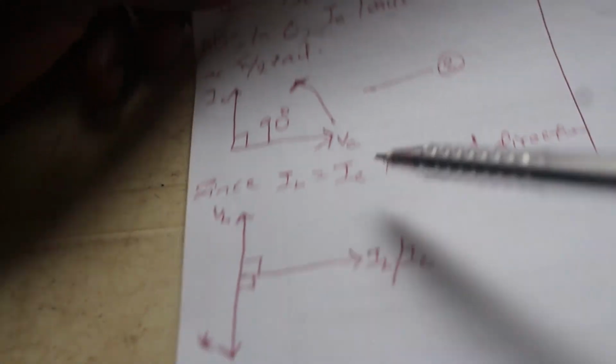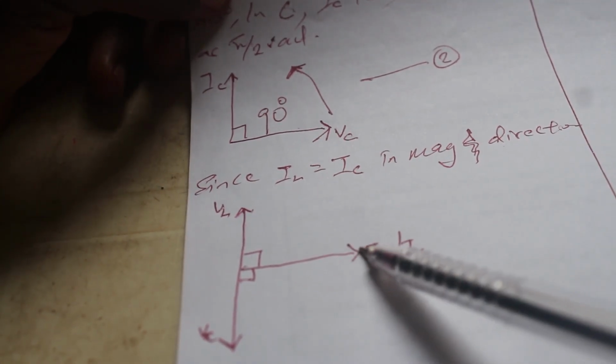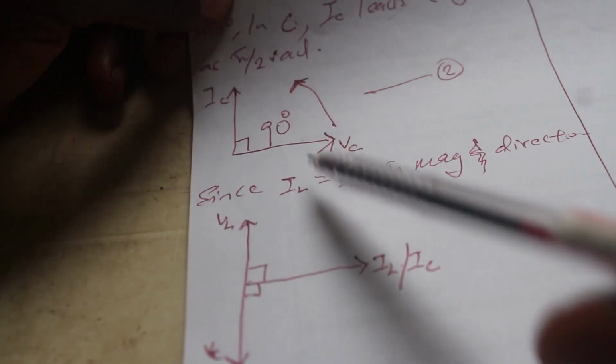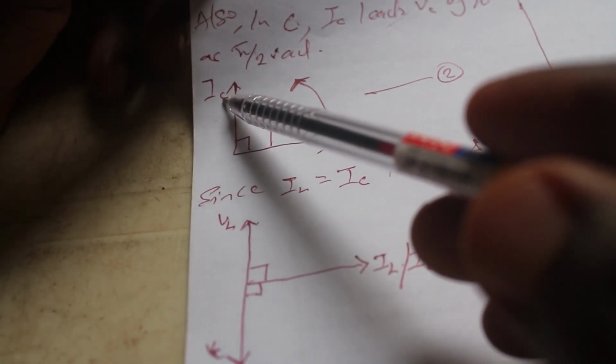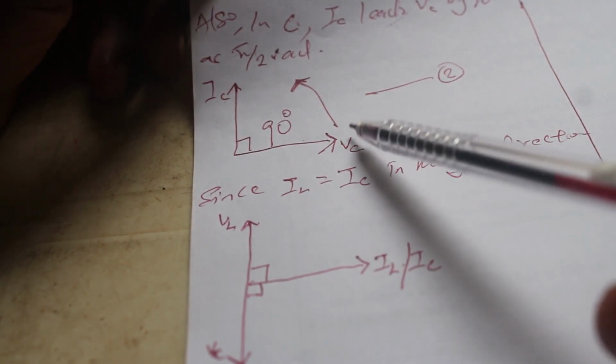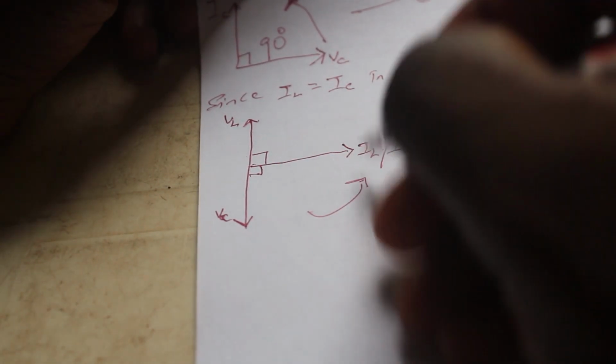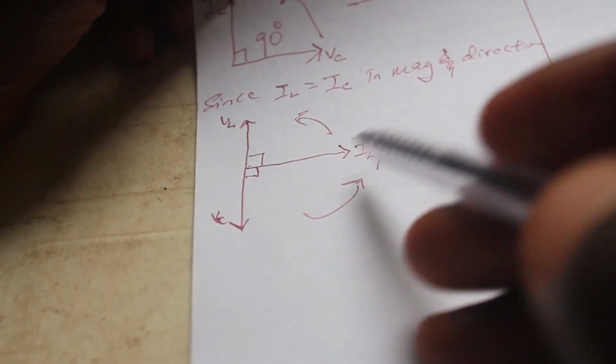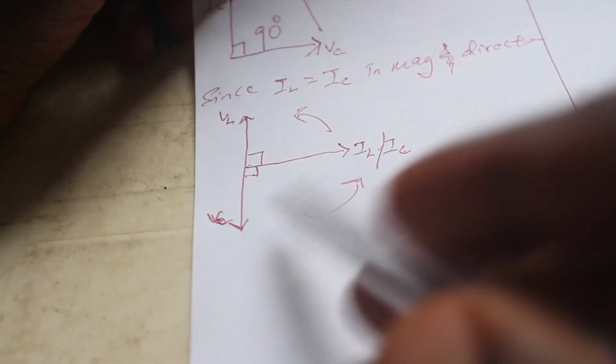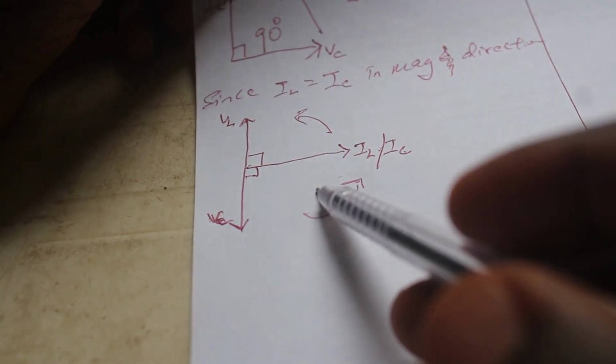The current in the capacitor is leading the voltage by 90 degrees, and that's what you have here as well. The current in the capacitor is leading the voltage in the capacitor by the same 90 degrees.